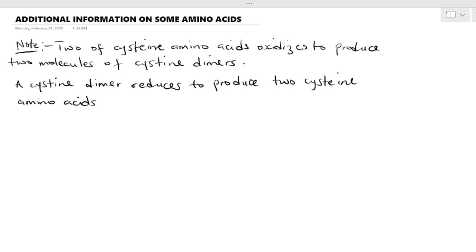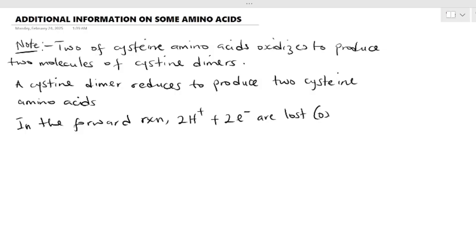Another thing to note is that in the forward reaction of the dimerization reaction we saw now, two hydrogen plus two electrons are lost, worthy of note, and that implies oxidation.